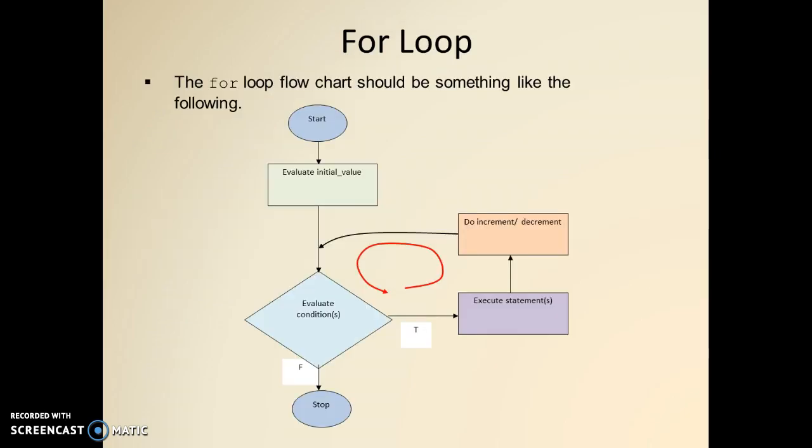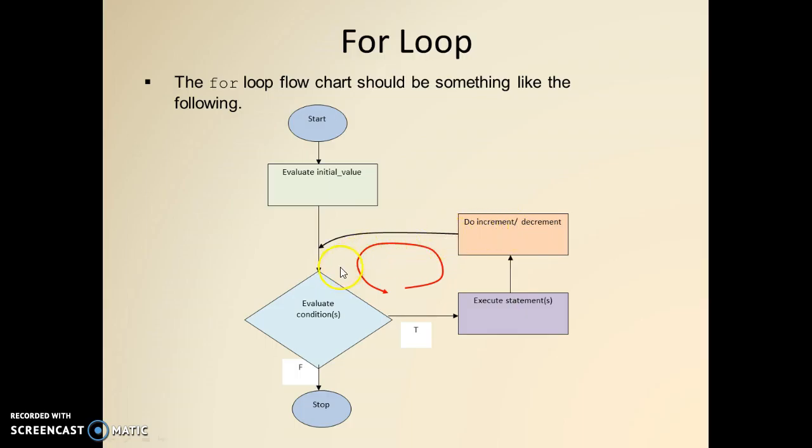This can be better explained with the flowchart. Here you can see the initial statement where we initialize the variable, and then we check the condition. If this condition is true, it will execute the statements in the for loop. After executing them, it goes to the updation of the variable, either increment or decrement.